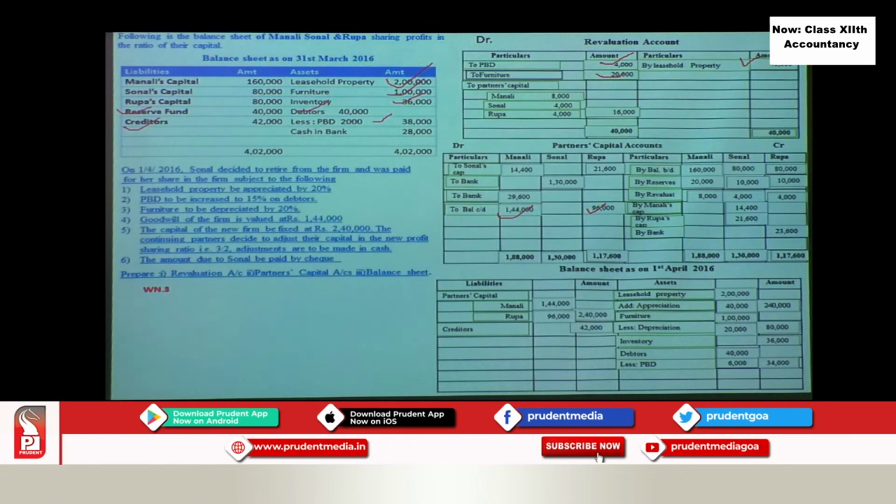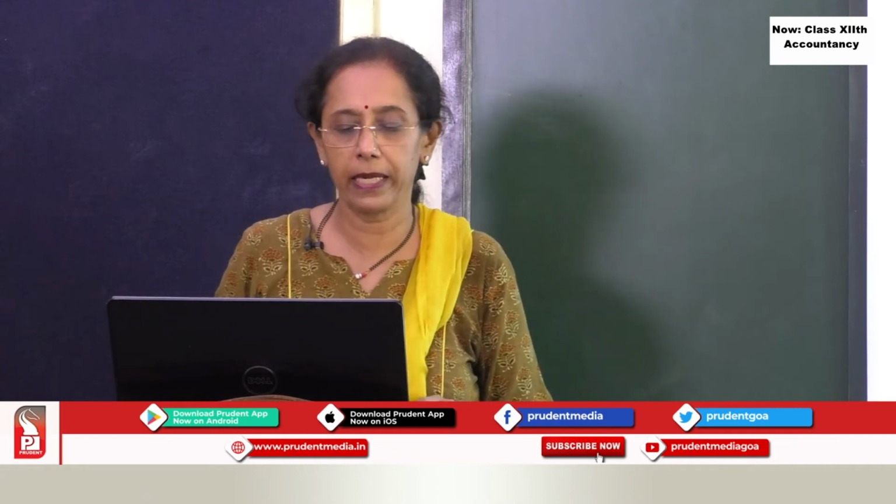All payments are made by check or checks are received, and therefore let us prepare a separate cash at bank account. In this case it is necessary because we are not sure whether there is a bank balance or bank overdraft. Otherwise you may directly show the entire additions and deductions in the partner's balance sheet, but in this case we will prepare a separate cash at bank account.